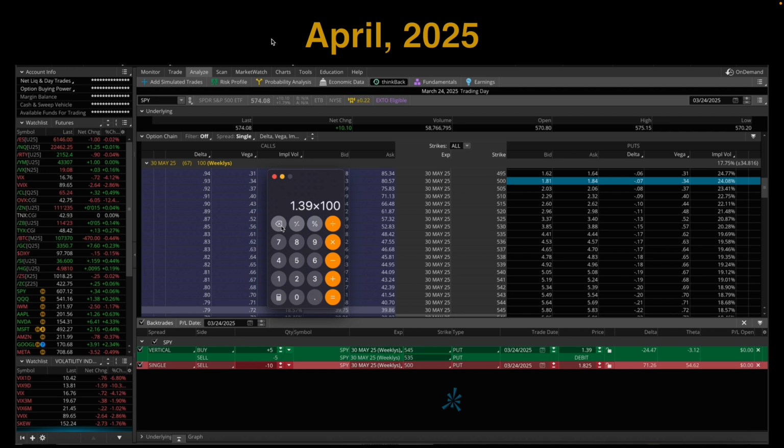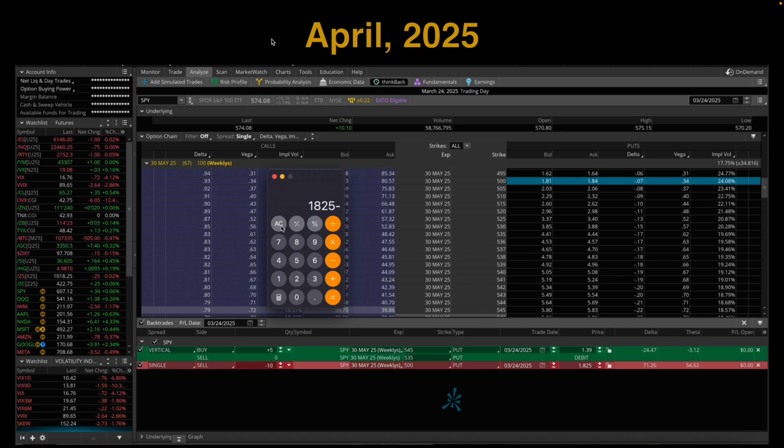So let's first calculate how much it would cost us to purchase the 5 put debit spreads, and that would cost $695. And next, let's calculate the net credit we'd receive by selling the 10 naked puts, and that would be $1,825.